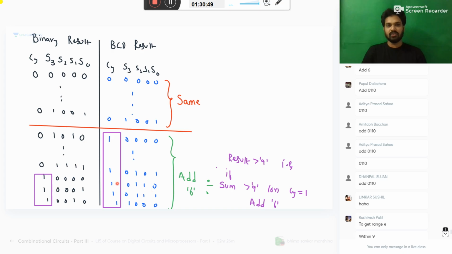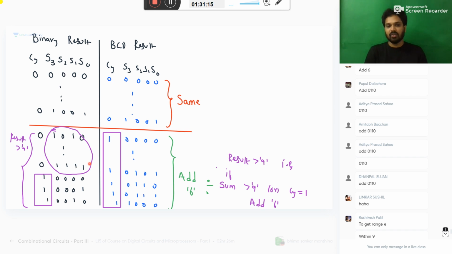Last observation, Vivek, see here. Result greater than 9. How computer will see this? For computer, you should say result greater than 9 can be done by this part. This part is called sum. This part is called carry. Sum may be more than 9. Everything we are doing in binary only.